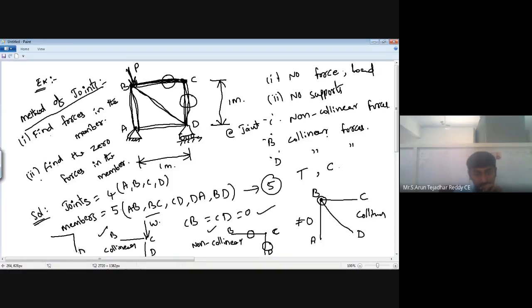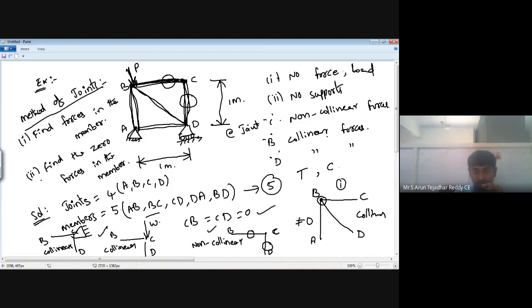One more example, same, this is C. Suppose any support is acting here at joint C, then it will be considered collinear. See the different variations of the diagram here. Totally four different variations of diagrams are available. Once you understand these four different types, then we can move to further steps.